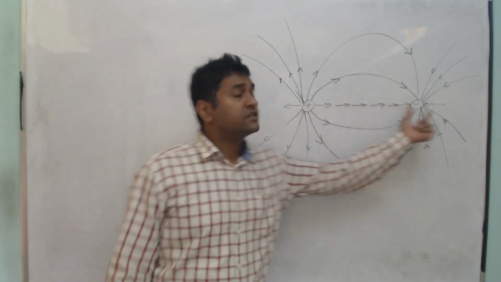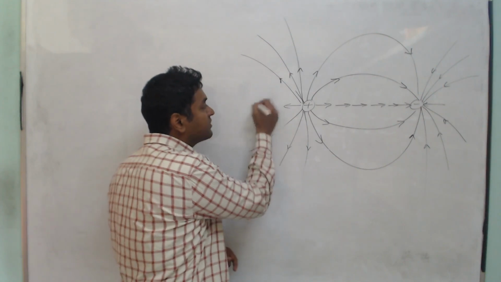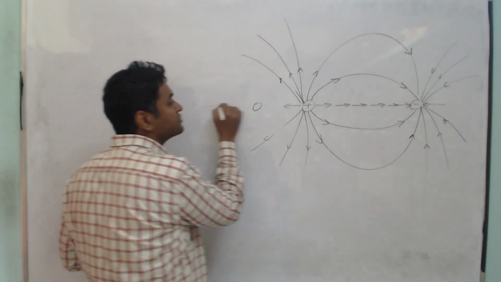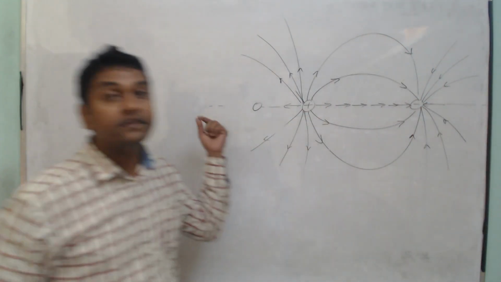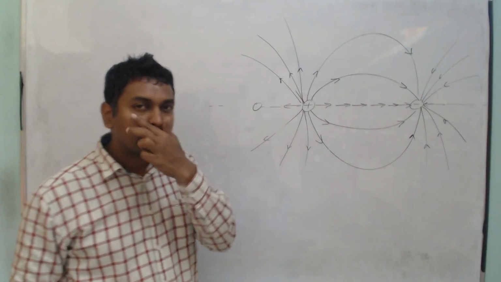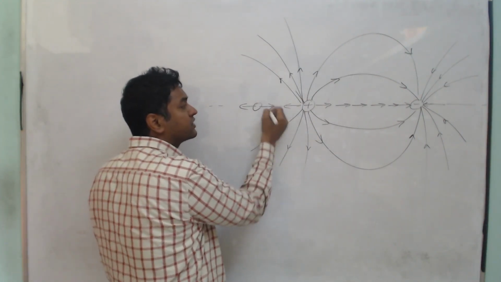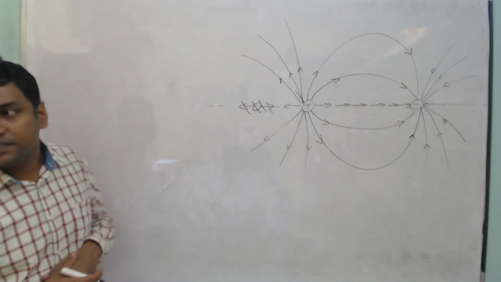For this positive-negative charge situation, the null region will exist somewhere over here, outside of the extended line joining the charges. Outside, not between. Why? Because due to the positive charge the field will be in this direction, and due to the negative charge in the other, and wherever the magnitudes are equal, they will cancel each other.